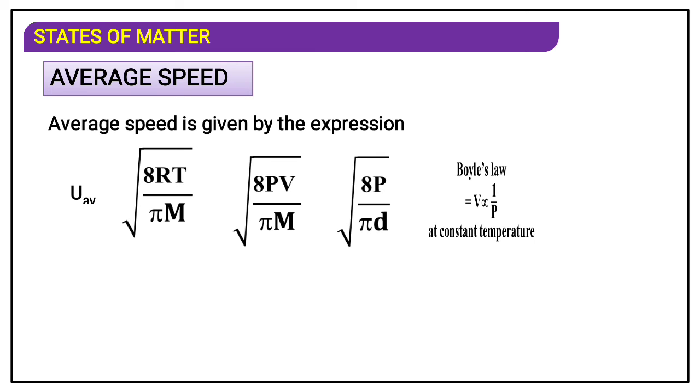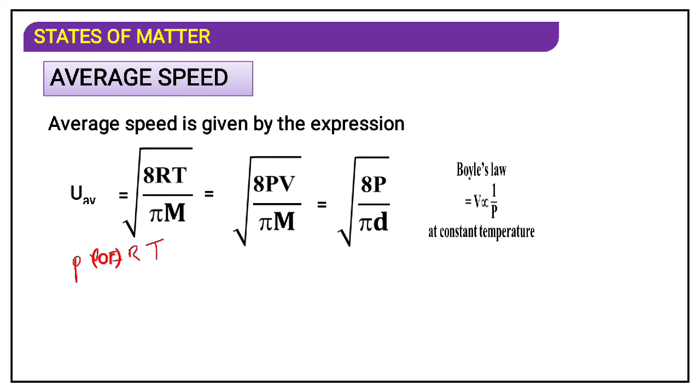U average equals square root of 8RT divided by pi M, which is also equal to square root of 8PV divided by pi M, because PV equals RT. Then the final expression: since V by M equals 1 by d, you get square root of 8P divided by pi d.